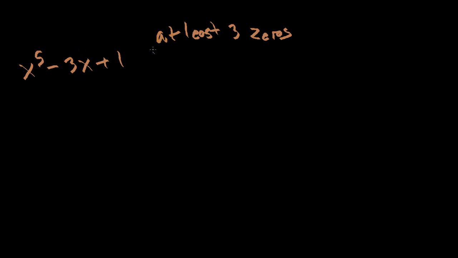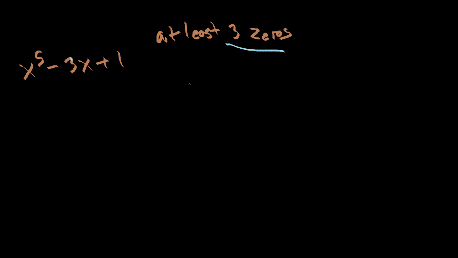Welcome. In this video, we're going to be answering this particular problem. The question is, prove that there are at least 3 zeros, or 3 roots, or rather solutions, to this particular function right here. So how can we prove without factoring that there are at least 3 solutions to this problem?